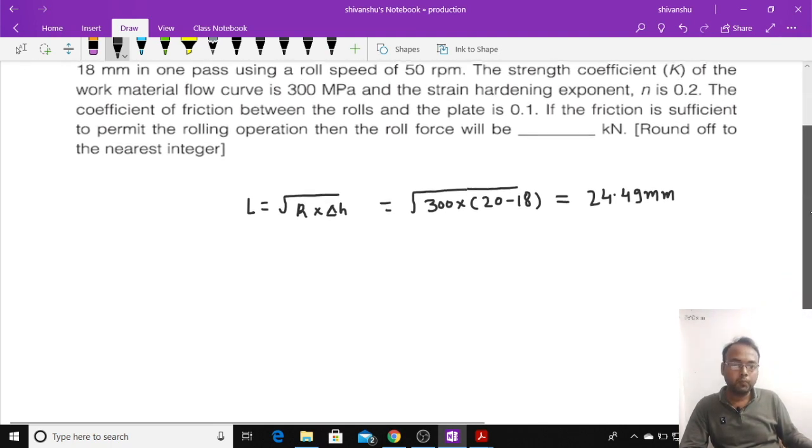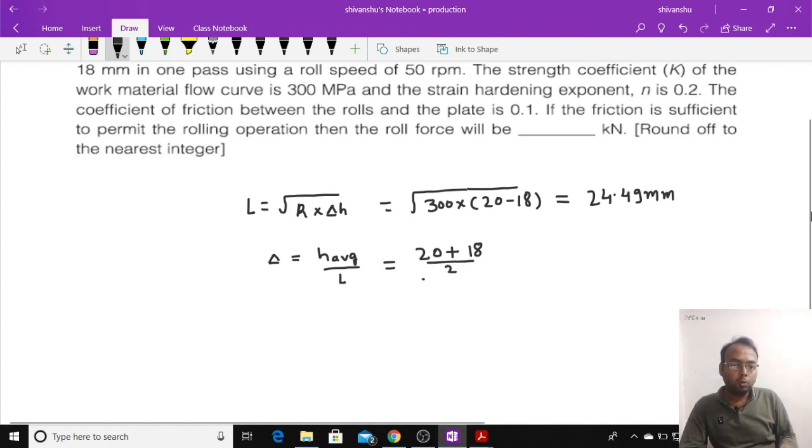Now the condition whether friction will be considered while calculating force or not is delta equal to H average divided by L, which is (20 plus 18) divided by 2, whole divided by L, that is 24.49.